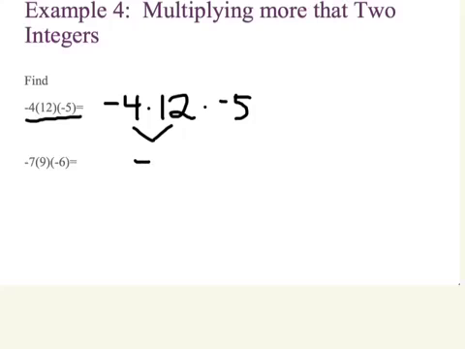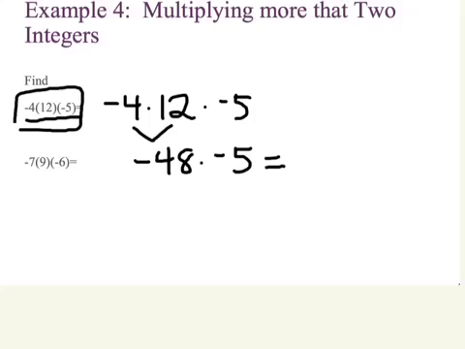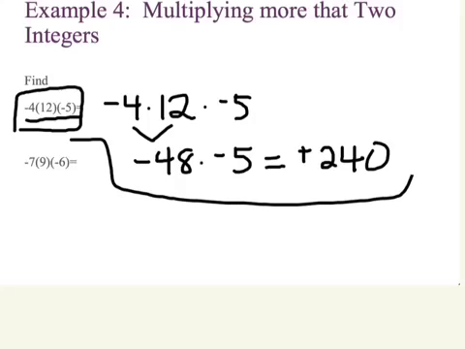So I get a negative 48 here, and then I have to multiply this negative 48 by a negative 5. So in this case, even though the signs were all different, negative, positive, negative, my answer is going to end up being positive because ultimately I get a negative times a negative, and we get a positive 240.